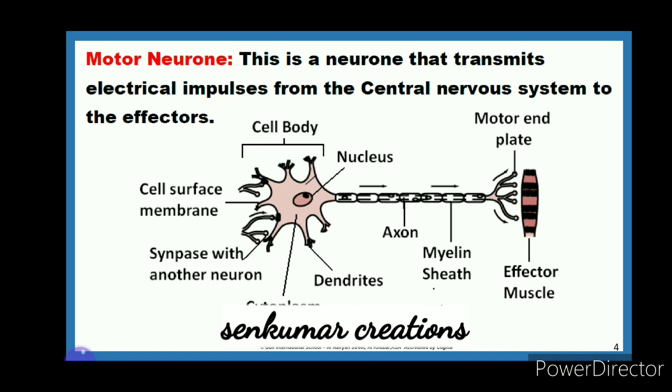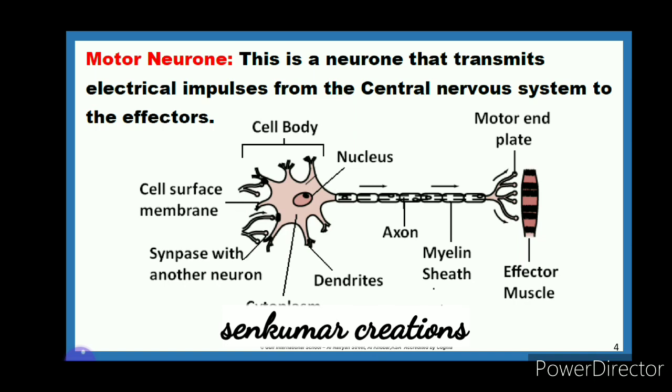Synapse means junction, joining with another neuron. One neuron is joined with another neuron, and like that it will go. Inside the cell you can see clearly the cytoplasm, and dendrites are present in the outer layer. We call them dendrites. Okay, don't forget.